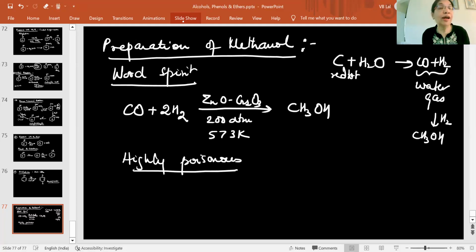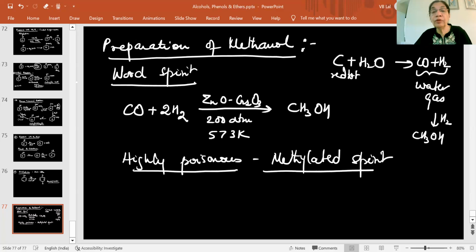The worker will go to the factory to prepare something, and you know how addicted people are to drinking and liquor. He might drink. To prevent misuse of alcohol as liquor, what people do in the industry is mix it with a little bit of methanol so that it becomes unfit for drinking.